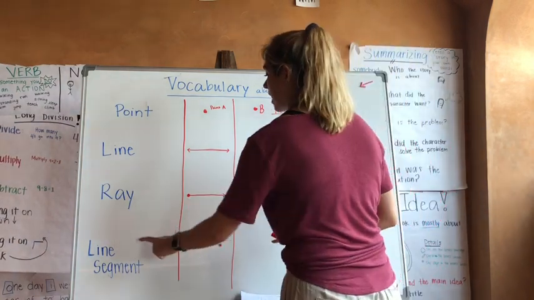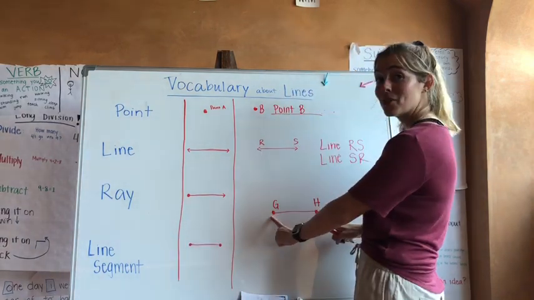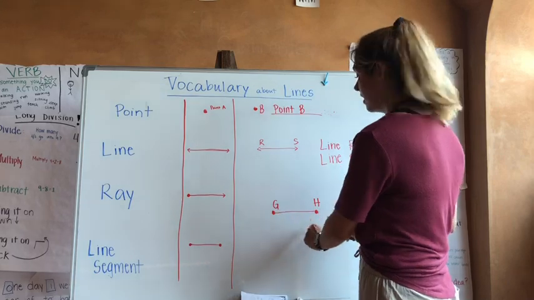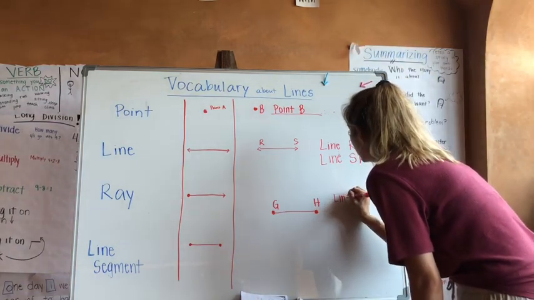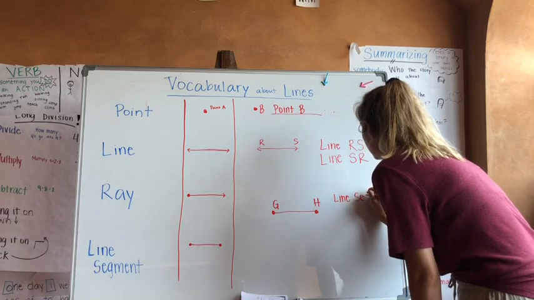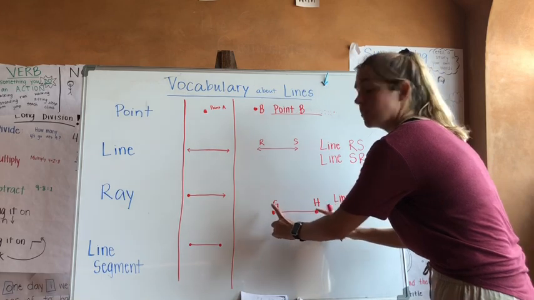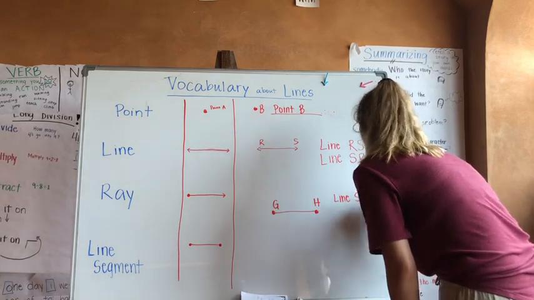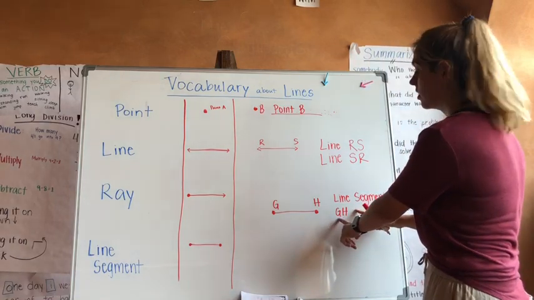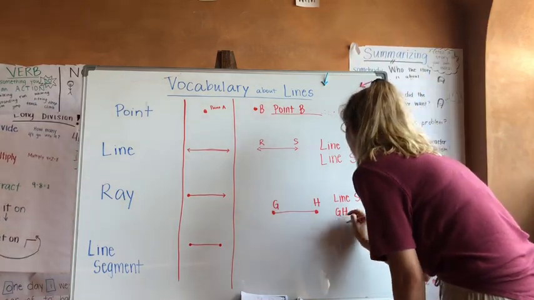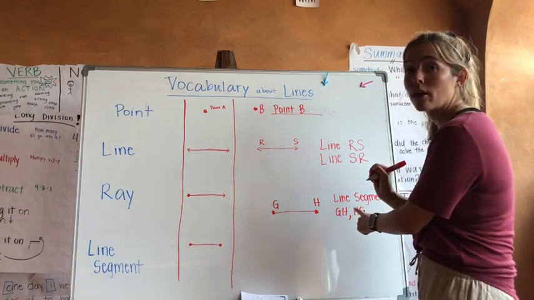No. Is it a line segment? It has two end points. Oh, it has two end points. So this right here, what I just drew, would be called a line segment. And what labels does it have? Line segment GH. That's the answer. Or line segment HG. That's what you would write on your paper.